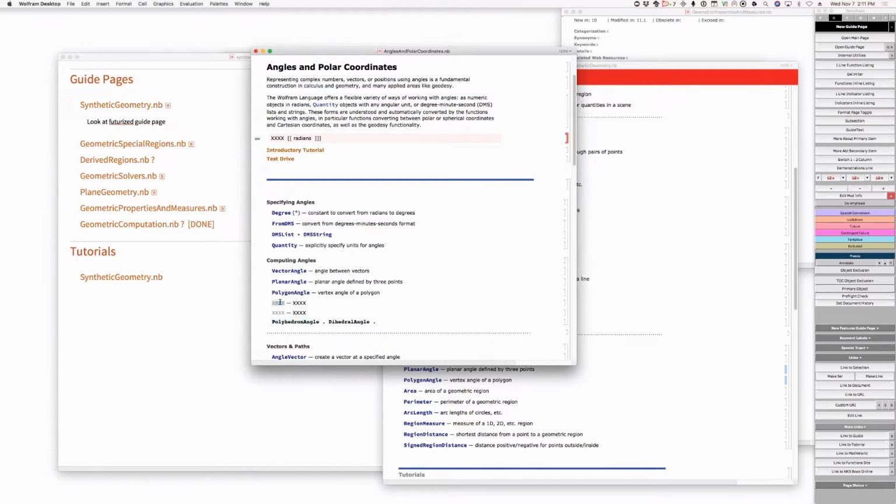Okay, what is polyhedron angle and what is dihedral angle? So the dihedral angle computes the angle between two planes. Right. Yes, okay. Angle between line. What is that one? Vertex angle of a polyhedron. Well, that's not really correct, right?